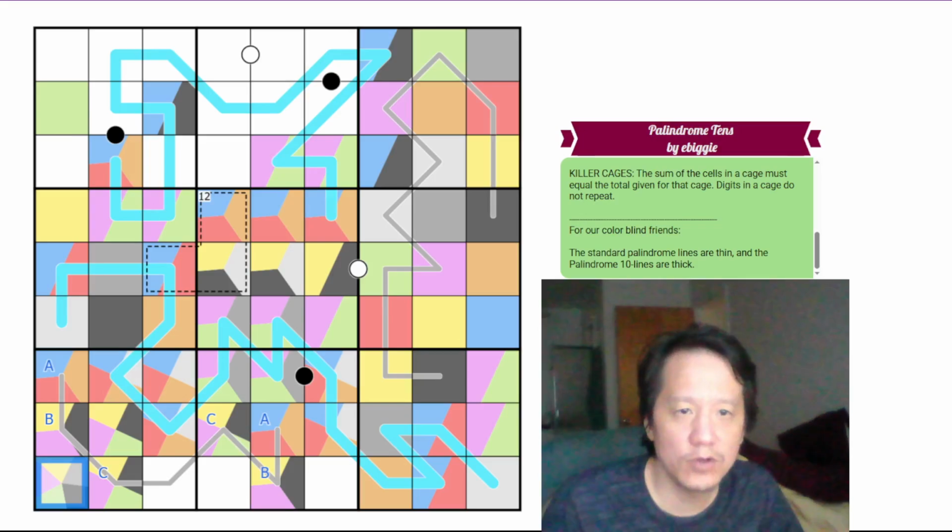This can't be green because of the green in the column. Yellow, medium, dark, pink, or green. These cannot be orange because of the orange in the column. So orange must be one of these two cells here, which means this cannot be orange.